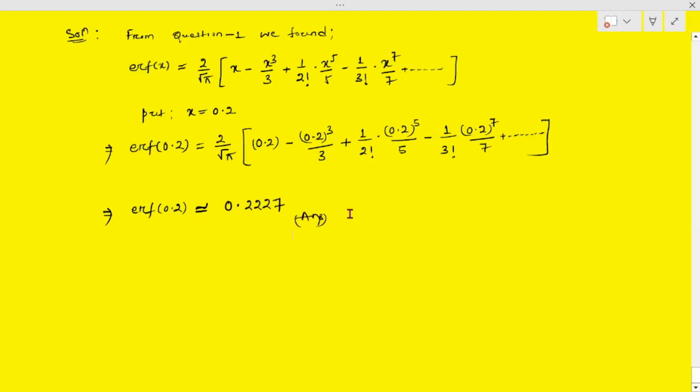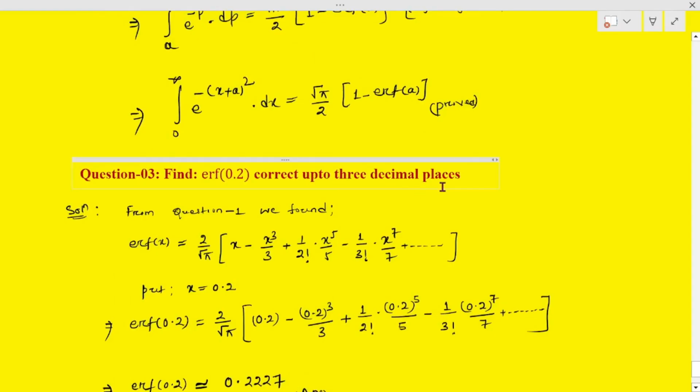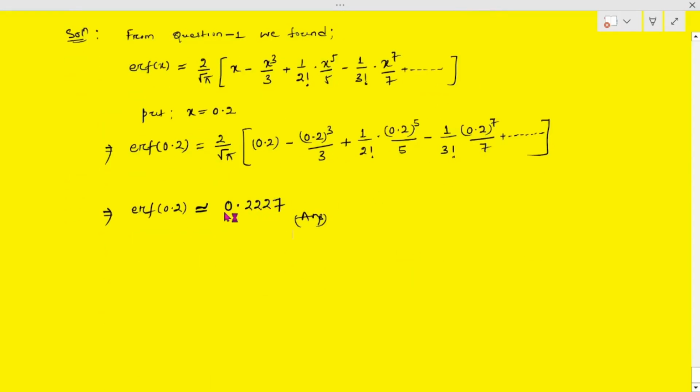In your question it has been given up to 3 decimal places, so in your exam you write up to 3 decimals. No need to write the extra digit. So this is your answer.